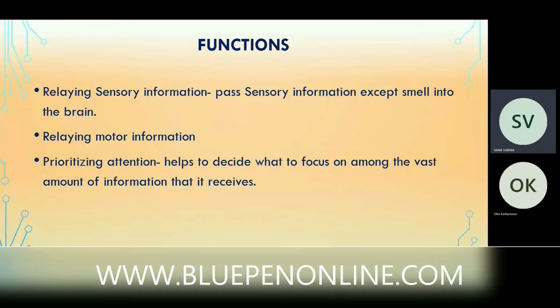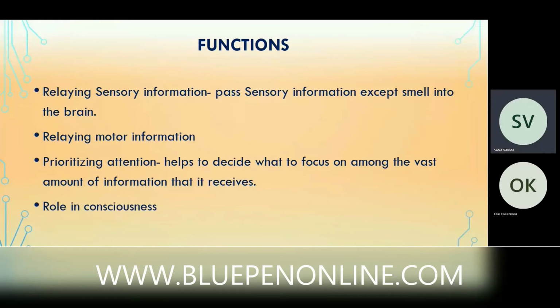So in order to help us from that pain stimulus, it will prioritize that, so that we'll have attention towards that stimulus, and we'll take the necessary actions. Likewise, in each and every case, the thalamus will help in prioritizing what to accept first. Okay.